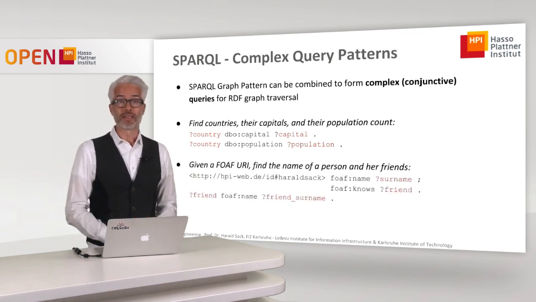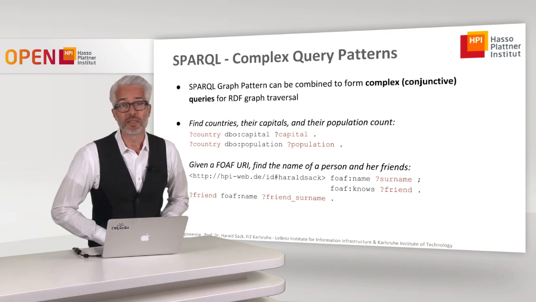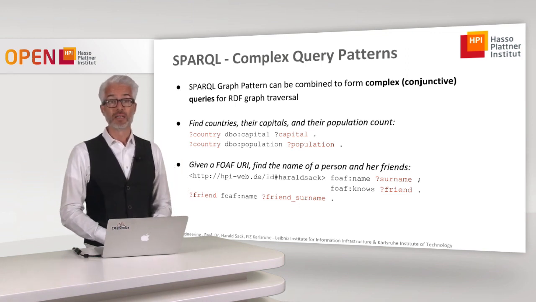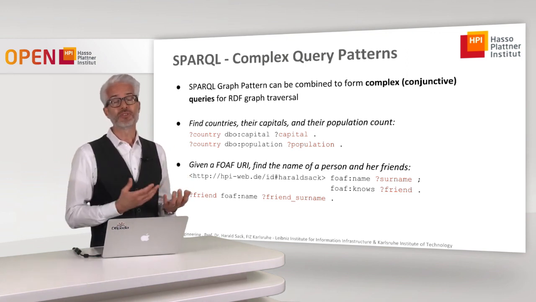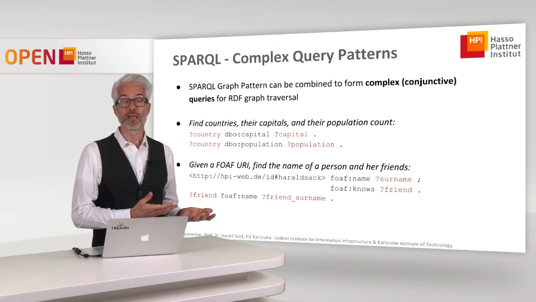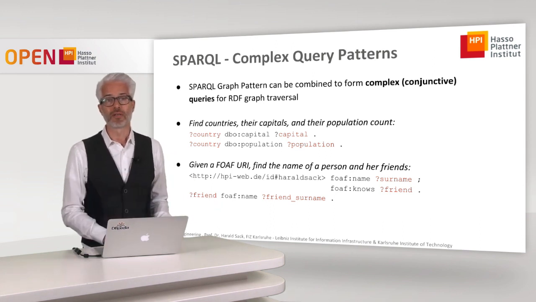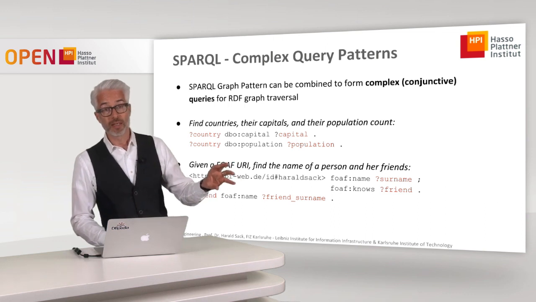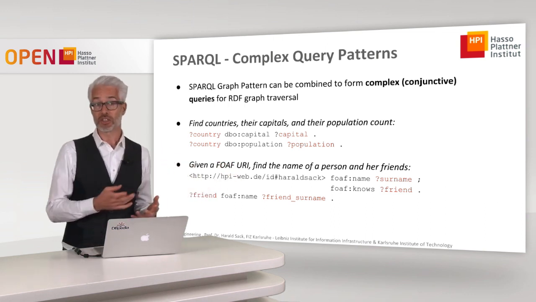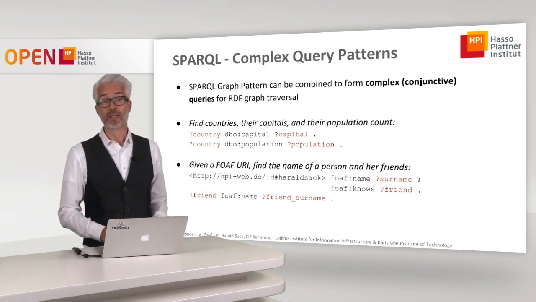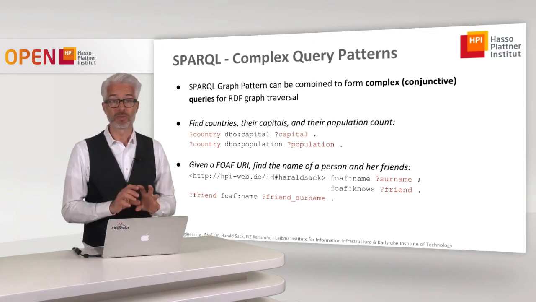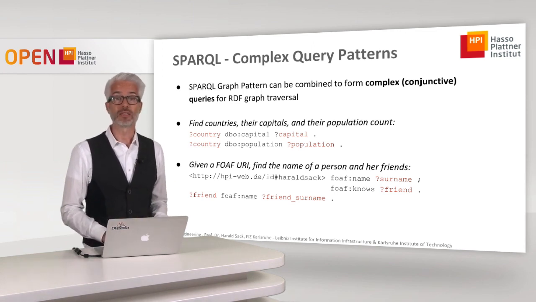Another more complex example. So what we are doing here in the very last example is we have given a FOAF URI, so a friend of a friend URI, which means this is some URI of a person, and the person, of course, has some affiliation and other data, personal data, which is mapped to exactly this person and encoded in its FOAF file.